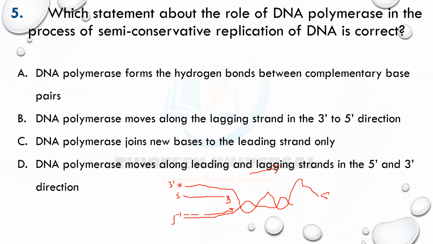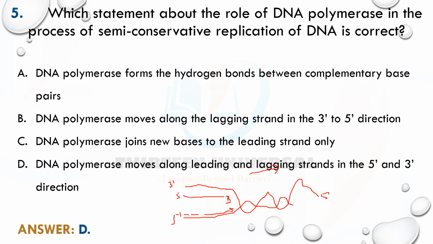It moves along the template strand 3 prime to 5 prime, but the newly synthesized leading strand is made 5 prime to 3 prime. The second one is a lagging strand, so it's also made from 5 prime to 3 prime. Both of them are made in the 5 prime to 3 prime direction. So that is why D is the answer.